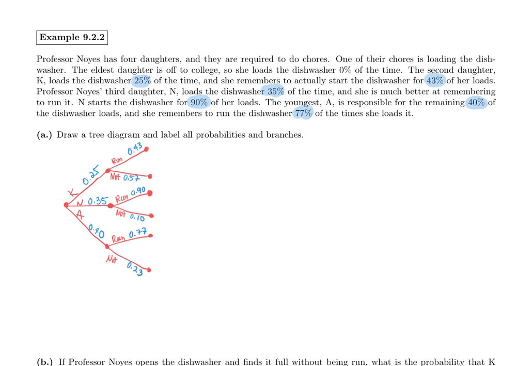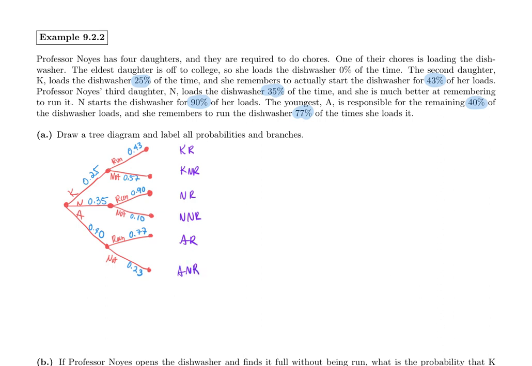So we can now look at the different probabilities that we get from our outcome. Maybe we'll do K and run, K and not run, N and run, N and not run, A and run, and A and not run.